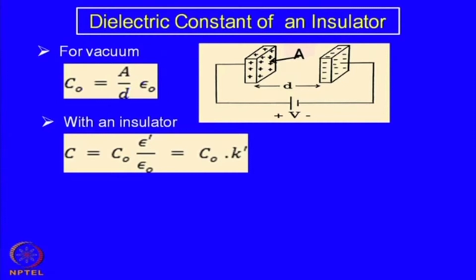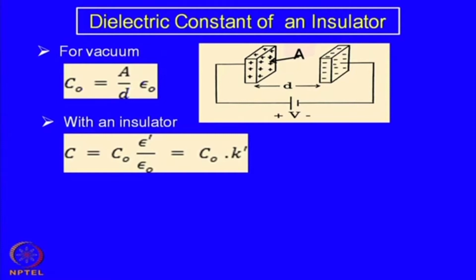However, if we have an insulator, as you have seen in the earlier picture, C changes to the capacitance with the insulating material in place. So, C equals C0 times epsilon prime by epsilon naught. Epsilon naught once again is the dielectric permittivity of free space, and it is a constant.